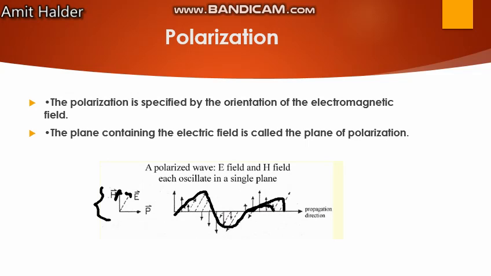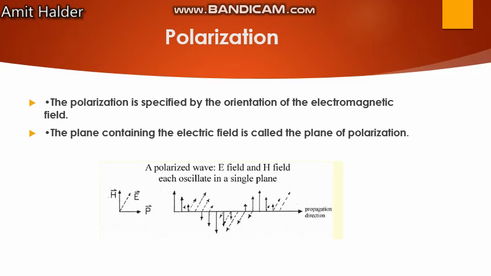And there is another wave, the magnetic field, which is also a cosinusoidal waveform, like that. Both are perpendicular to each other. Okay, you can see here there is a plane, a perpendicular plane, to each other.